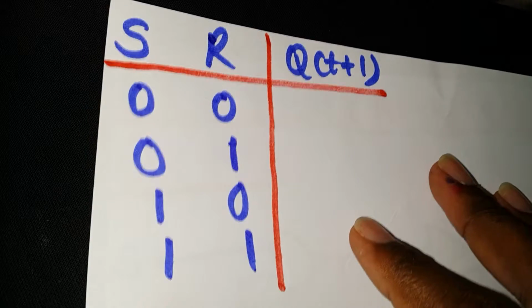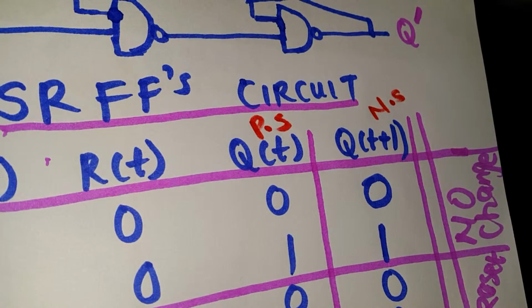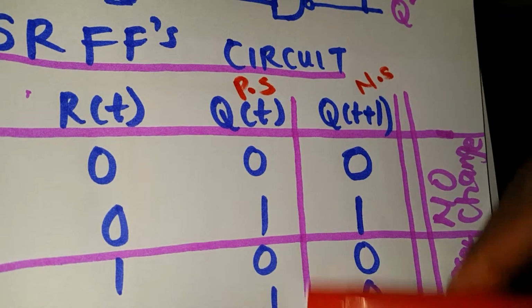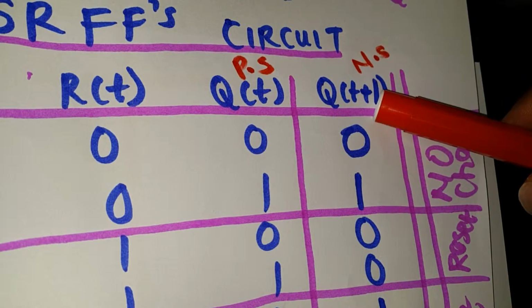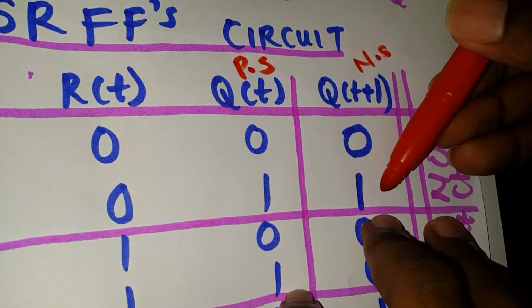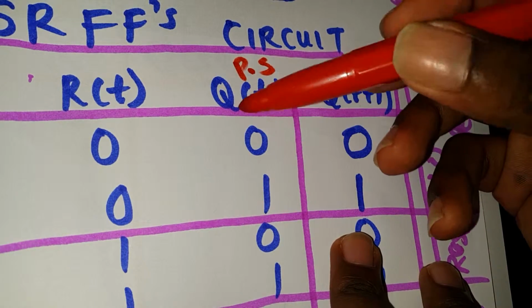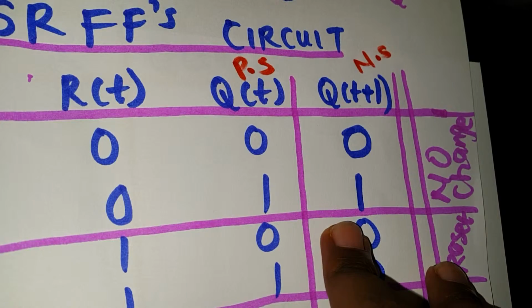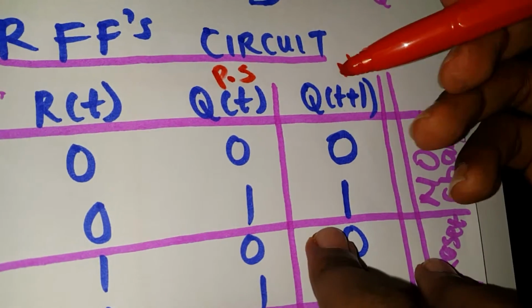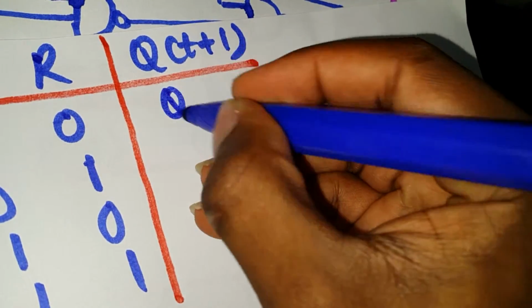So for the characteristics table, as you can see, we have our present state and our next state. Here we have 0 1 0 1. There's no change here. That means the next state is a copy of the present state, so Q of t plus 1 will be Q of t. So this one will be Q of t.